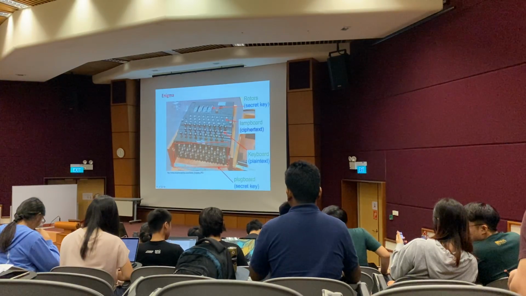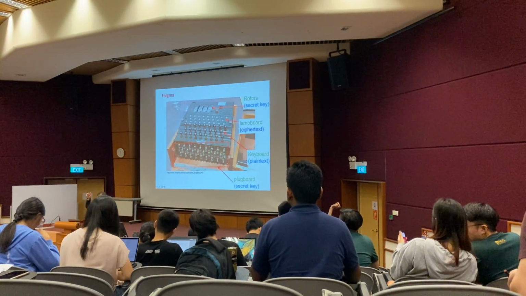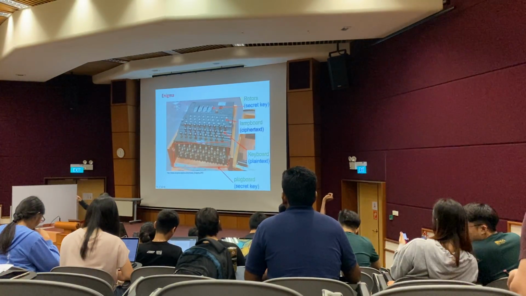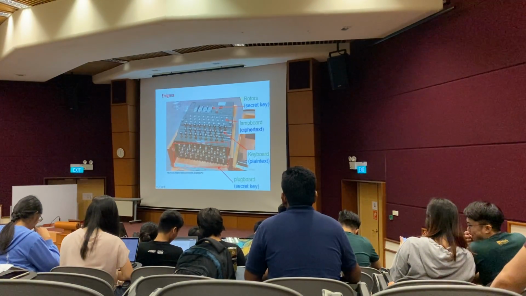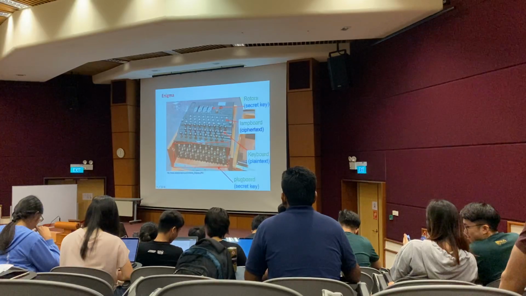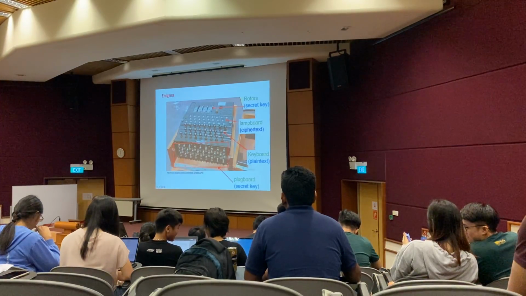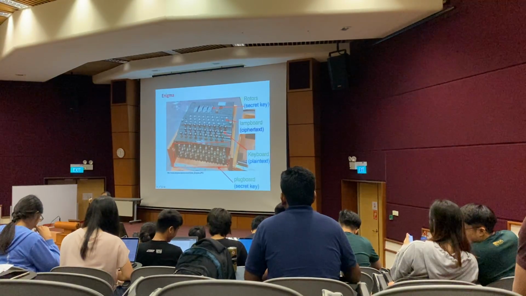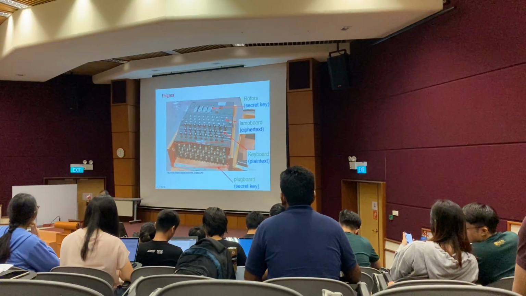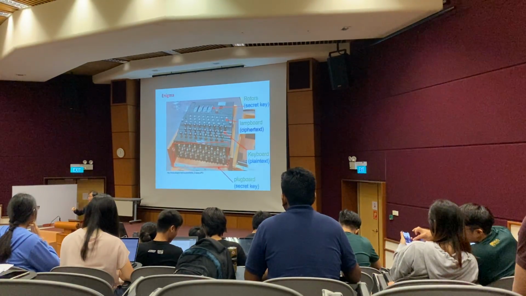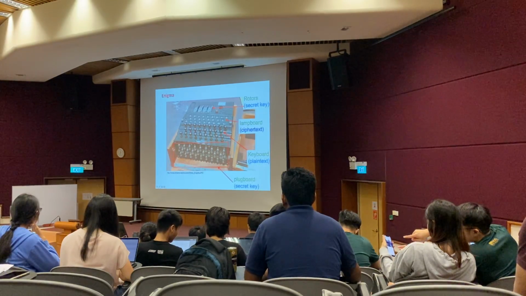There's also an IV which you turn. To encrypt, you press A, and then the ciphertext will light up. You press V, it will light up. It seems like a substitution cipher, but it's not, because every time it will change. So this is the Enigma.